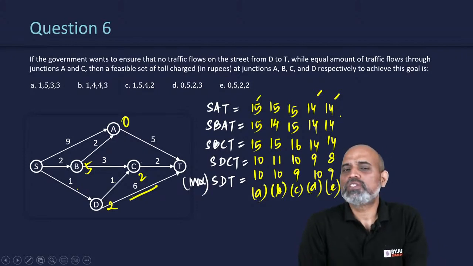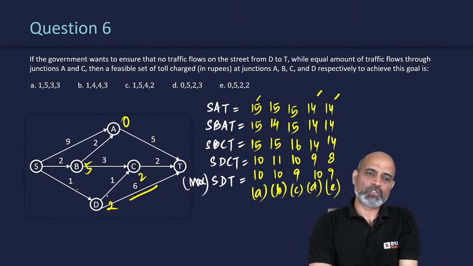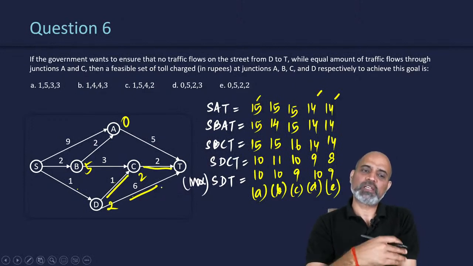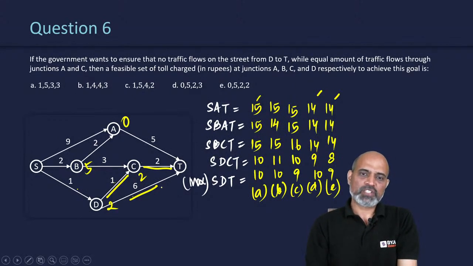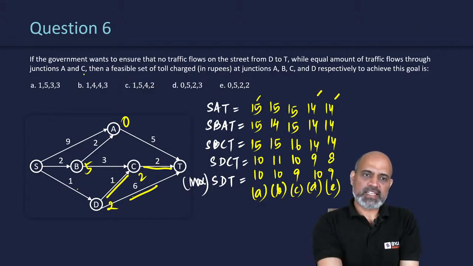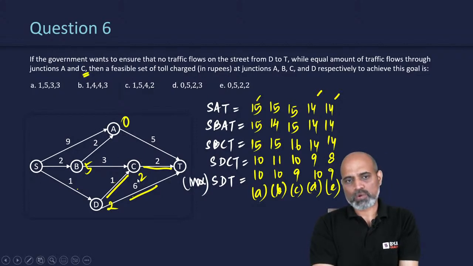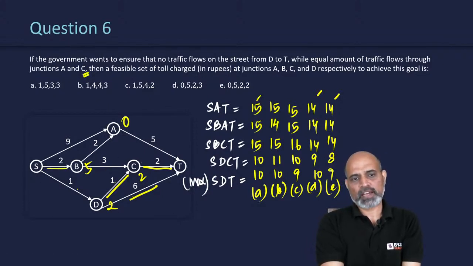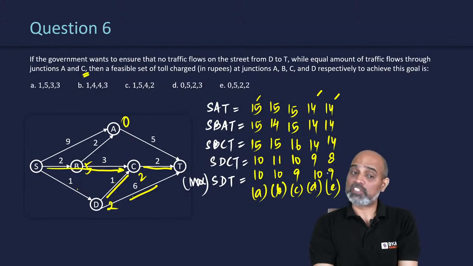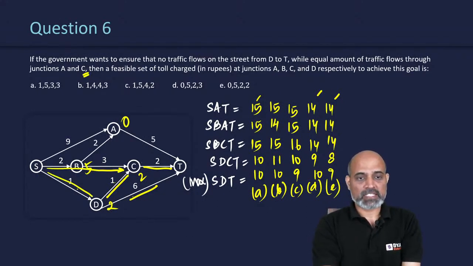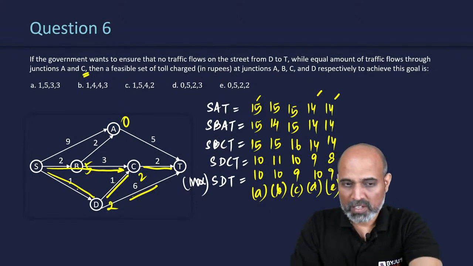Did they mean all the street from D to T means that nobody wants to go here also? No, nobody wants मतलब ये भी off limit है. But if this is off limit, then C junction से तो traffic जाएगा ही नहीं. Why? Because nobody will start and be going like this, क्योंकि उसको CT जाना पड़ेगा, right? And nobody will take SDT, SDCT as well.